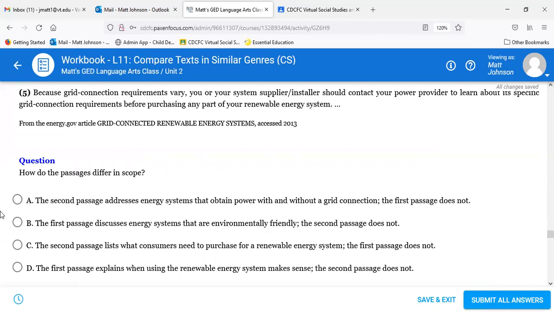B, the first passage discusses energy systems that are environmentally friendly. The second passage does not. C, the second passage lists what consumers need to purchase for a renewable energy system. The first passage does not. Or D, the first passage explains when using the renewable energy system makes sense. The second passage does not.